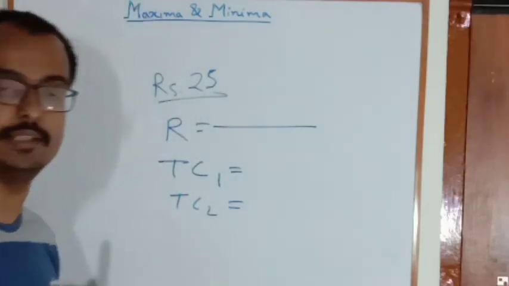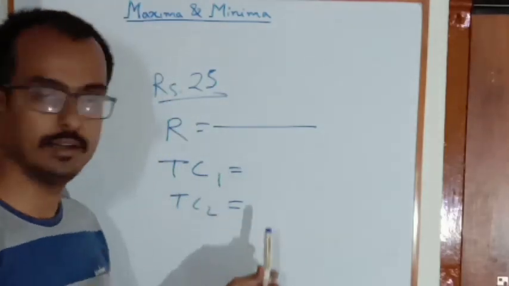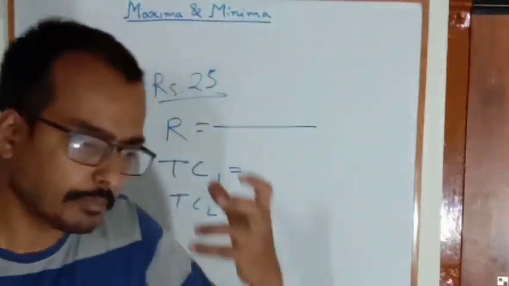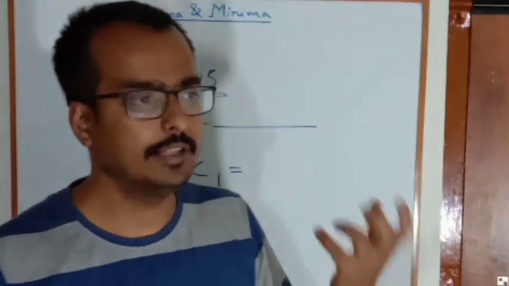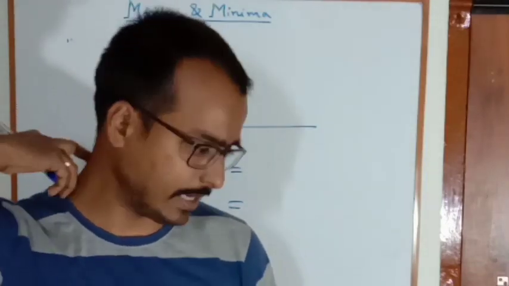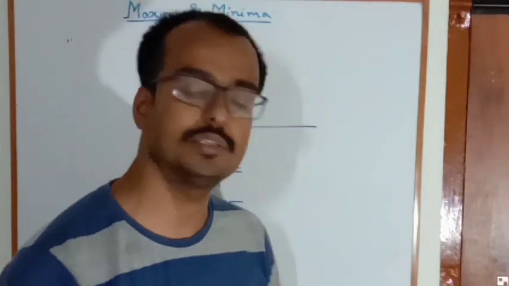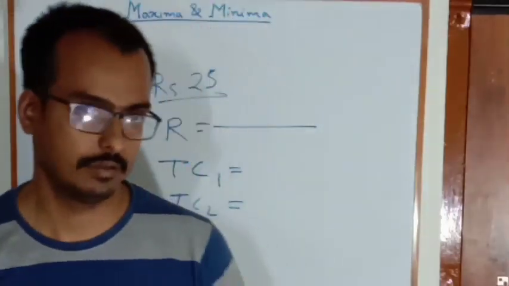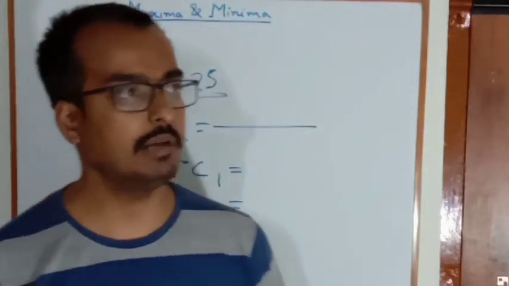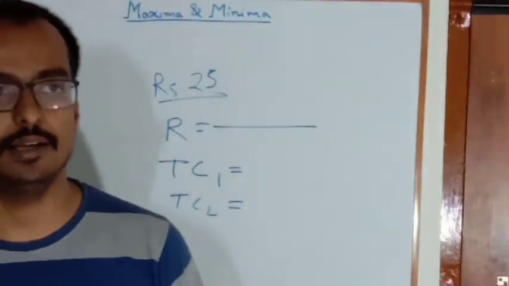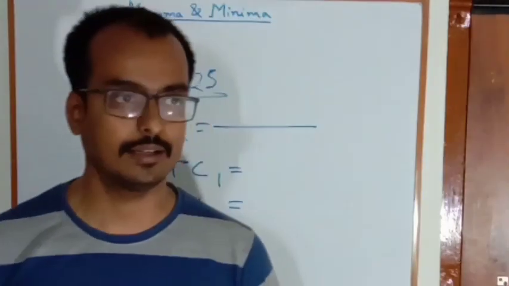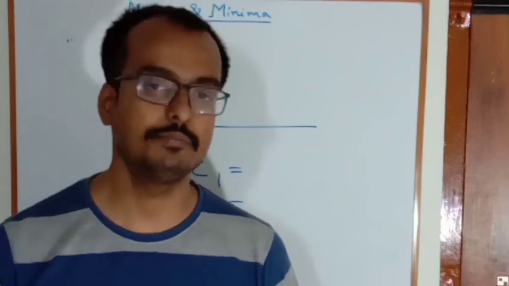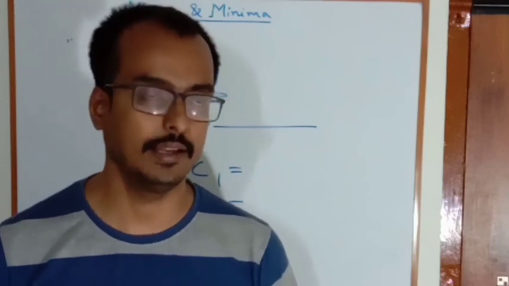So TC1 and TC2. Taking the example of my Sprite, if the firm produces Sprite in say Gujarat, and if the firm produces Sprite in say Kerala, what may be the difference? One problem may be the electricity bill rate in Gujarat is higher than the electricity bill rate in Kerala.